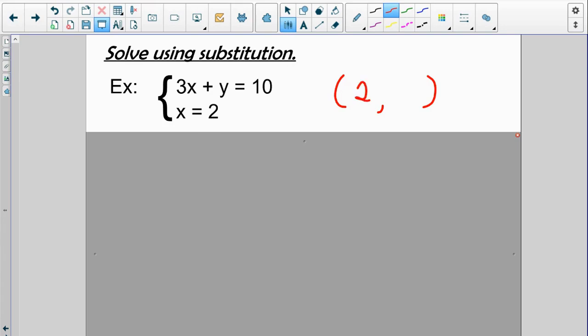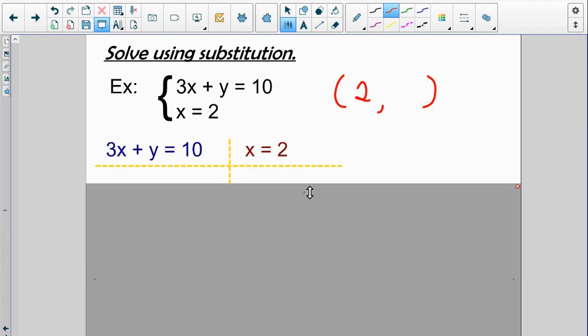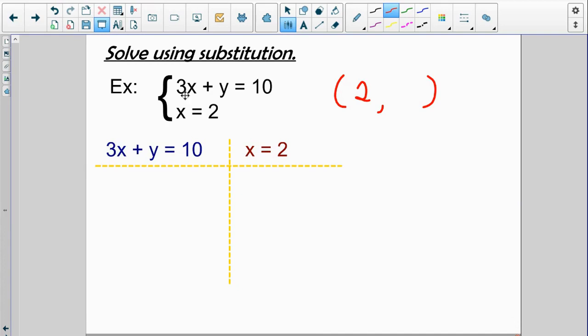We already know that the x value is 2. We know that because our equation tells us that. What we want to do is now use that idea that x equals 2 to solve for y. So what I like to do with the substitution method is I like to take my 2 equations and write them side by side. And in the equation that I don't know the answer to, I'm going to use substitution in that equation.